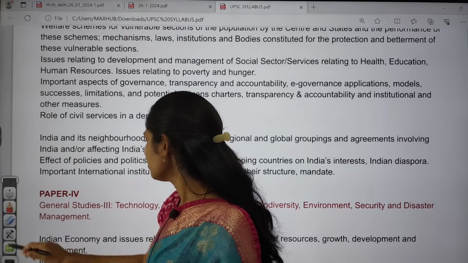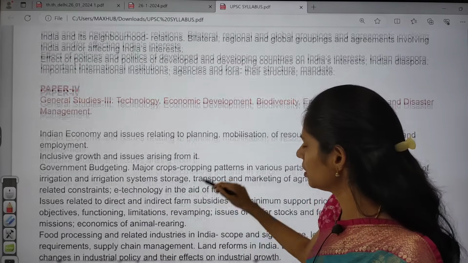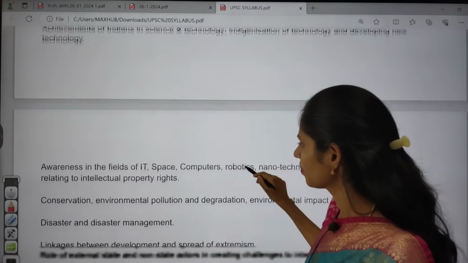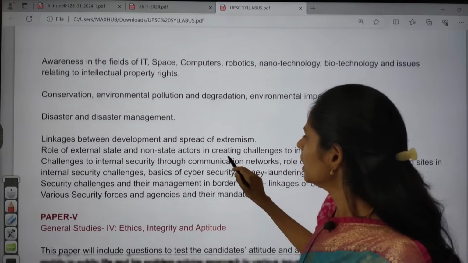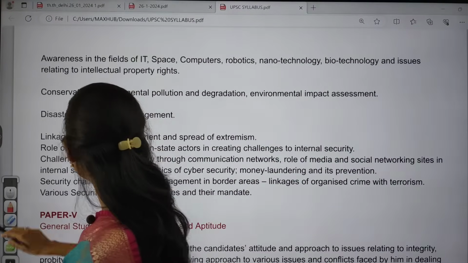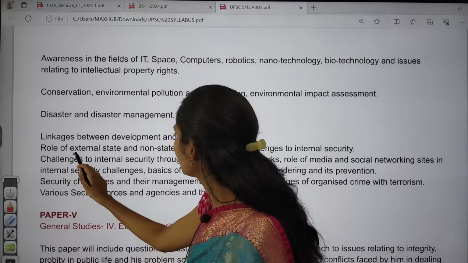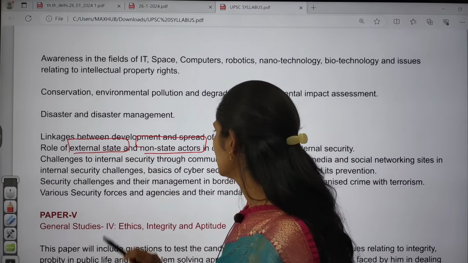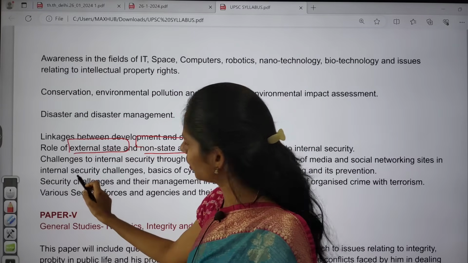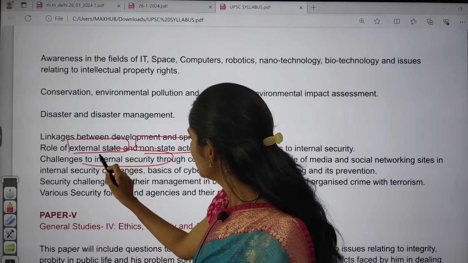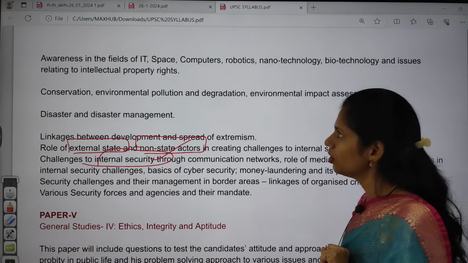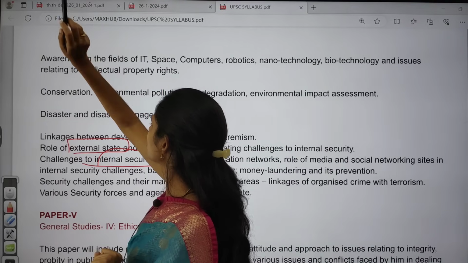And in GS paper 3, we have internal security, which is very important, like the role of external state and non-state actors. There is one more topic called challenges to internal security, so we can connect this topic there. So this is about the dimensions.